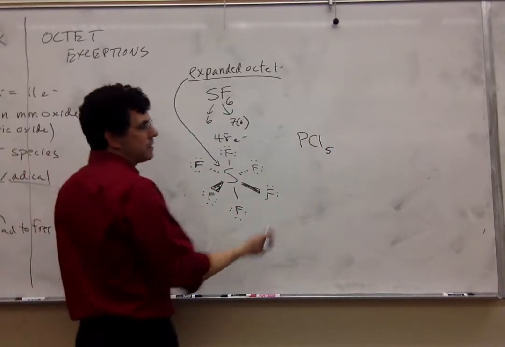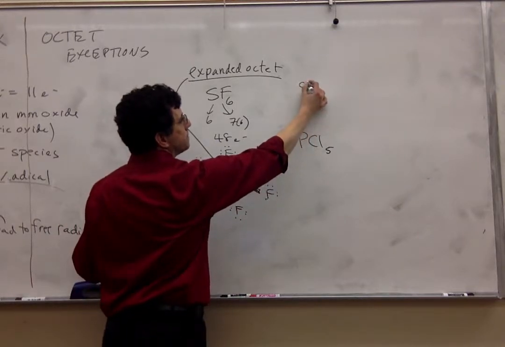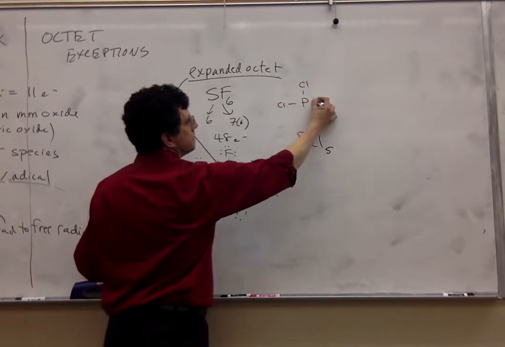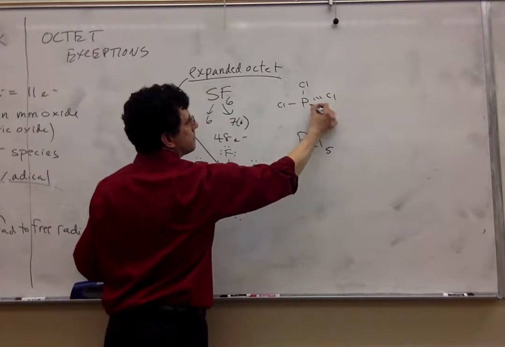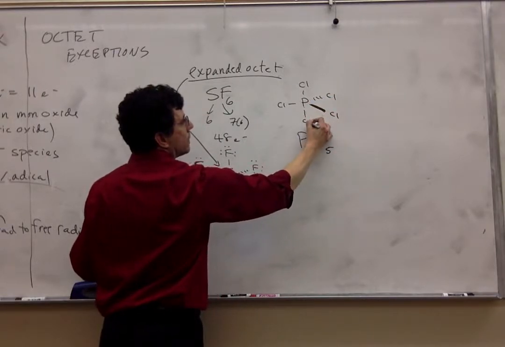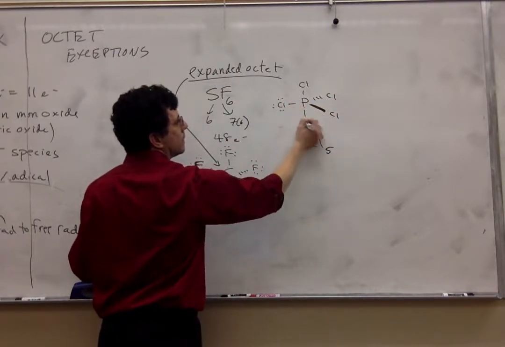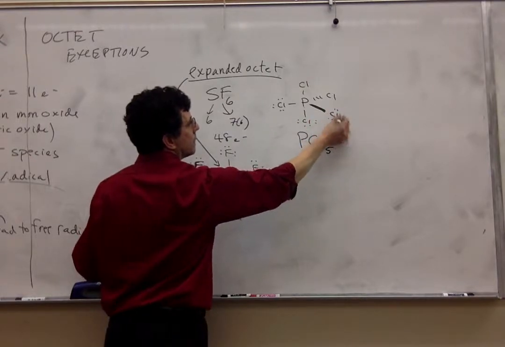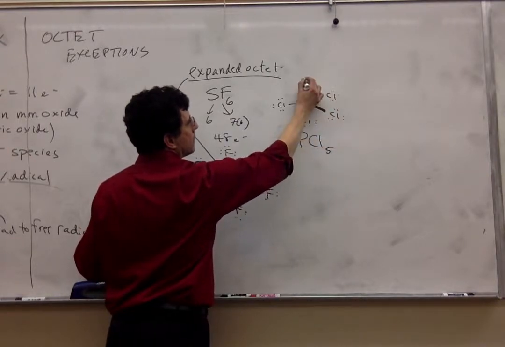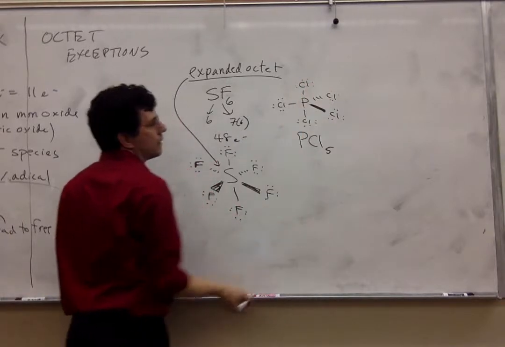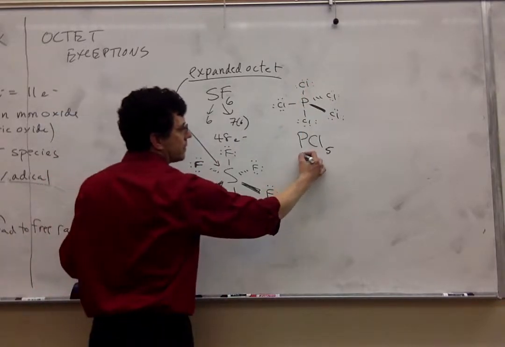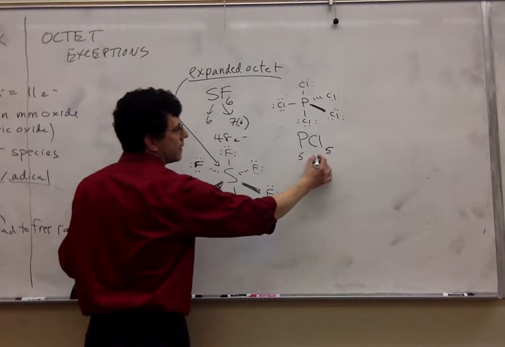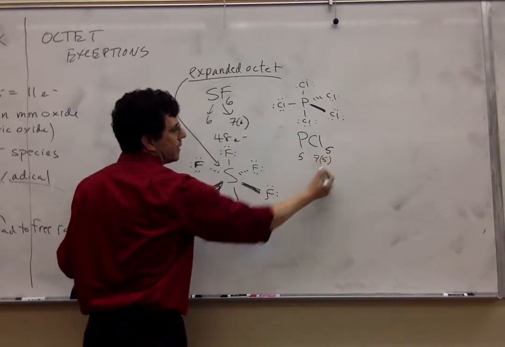So in something like PCl5, we get this structure. That should be about 35. I'm going to double check. We got 5 from there, 7 times 5.